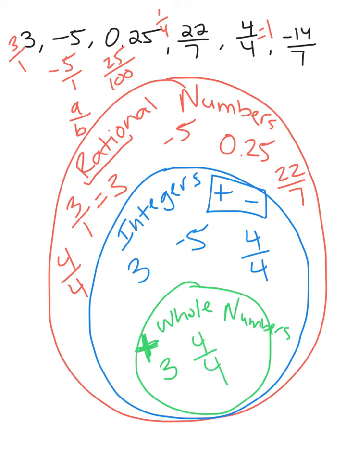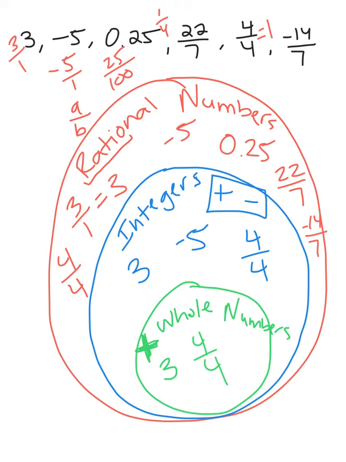Okay, and last but not least, I have -14/7. I see clearly right now that it is written as a rational number. I'm going to just put that in that category now. Can I simplify it down so it's not written as a ratio or a decimal? Yes, I know that 14 divided by 7 is equal to 2.